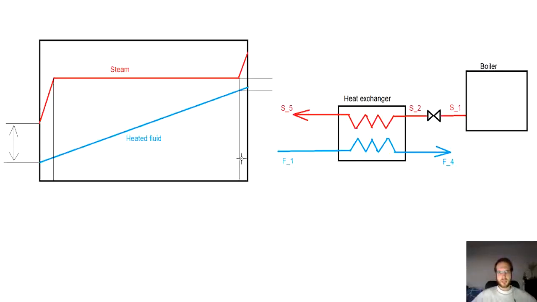So here on the left side we have the QT diagram for our heat exchanger. First, let's also mark the axis. So the y-axis is the temperature, while the x-axis is the transferred heat. Now, for the steam line, the steam enters the heat exchanger as the point S2.